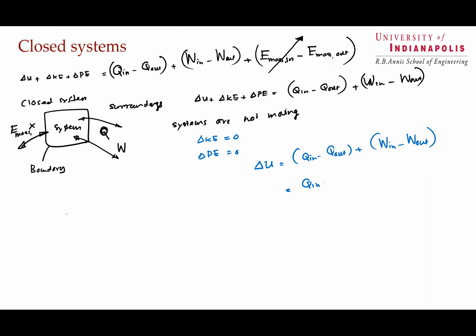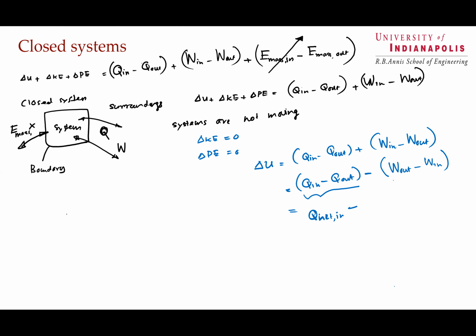Say, let's keep this term Q in minus Q out. And I take the minus sign out of this parenthesis and write W out minus W in. So this basically represents a net heat in. So we have Q net in. Whatever the in minus out is, a net input, net heat input.